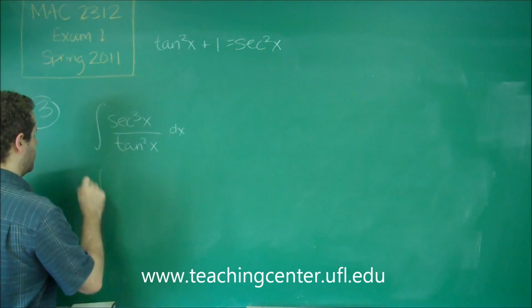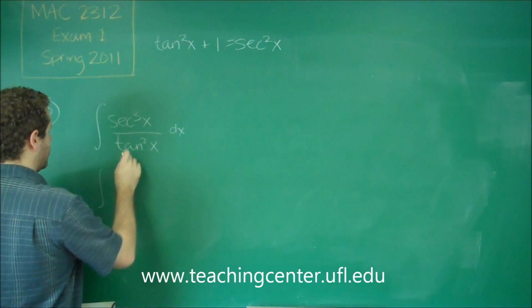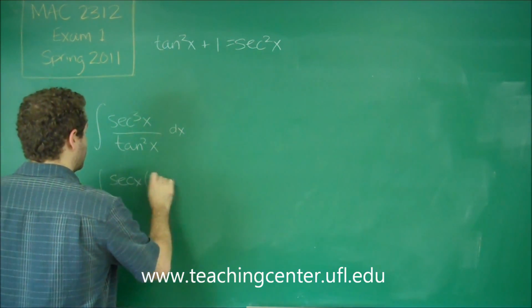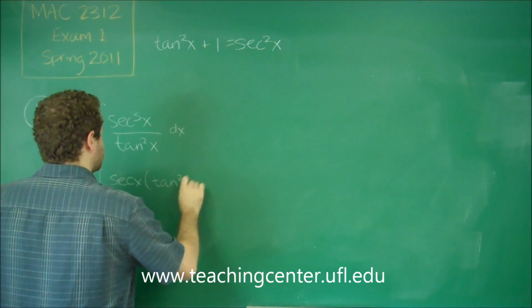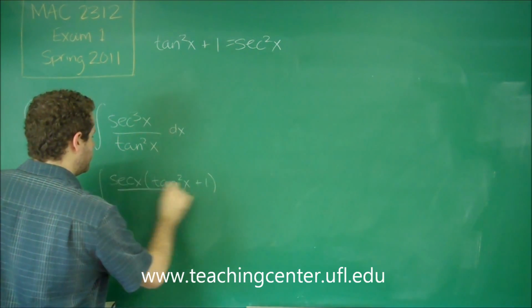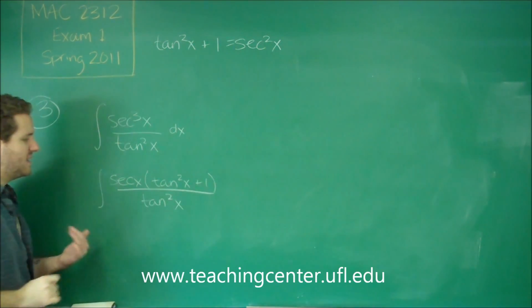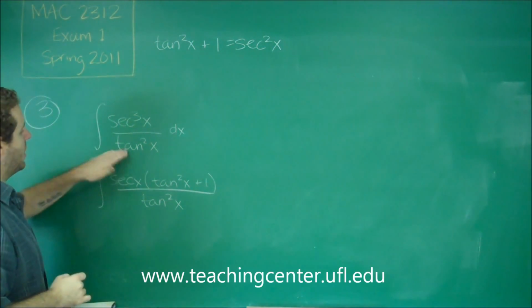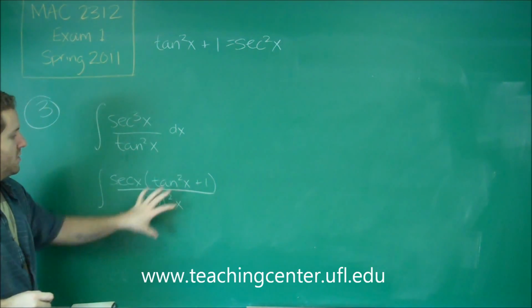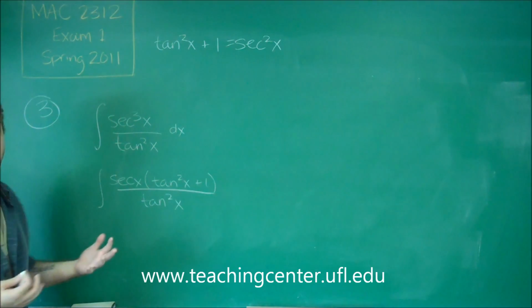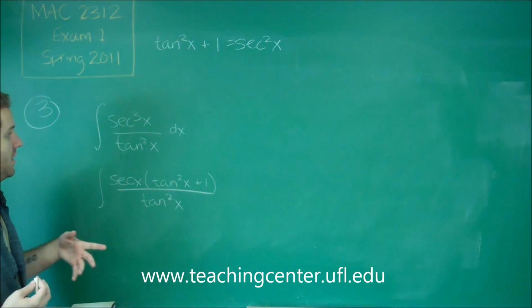So the first thing we're going to rewrite is, instead of secant cubed, we're going to have secant x times tan squared x plus 1. You should think to yourself that that's a logical step to make because we already do have a tangent squared. So this fraction is going to be able to simplify because we have a tangent squared in both the top and the bottom.